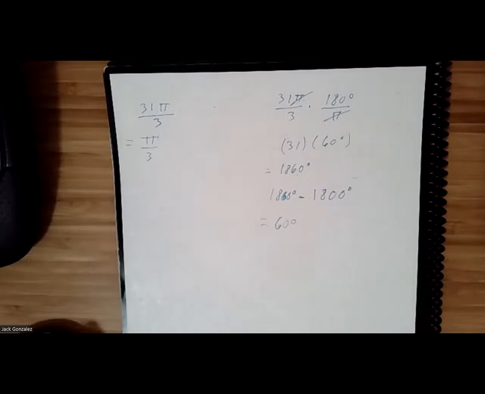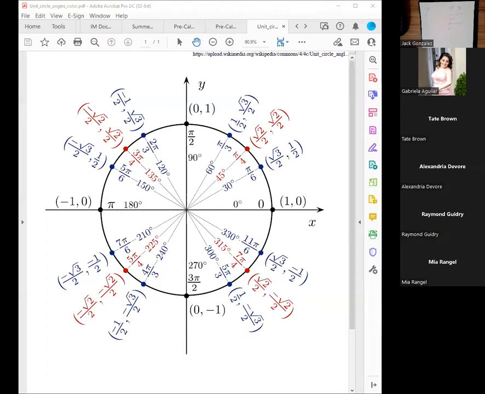Okay, if we look at our circle, see how 60 is pi thirds? So we can just use that guy. So let's go back to our question.